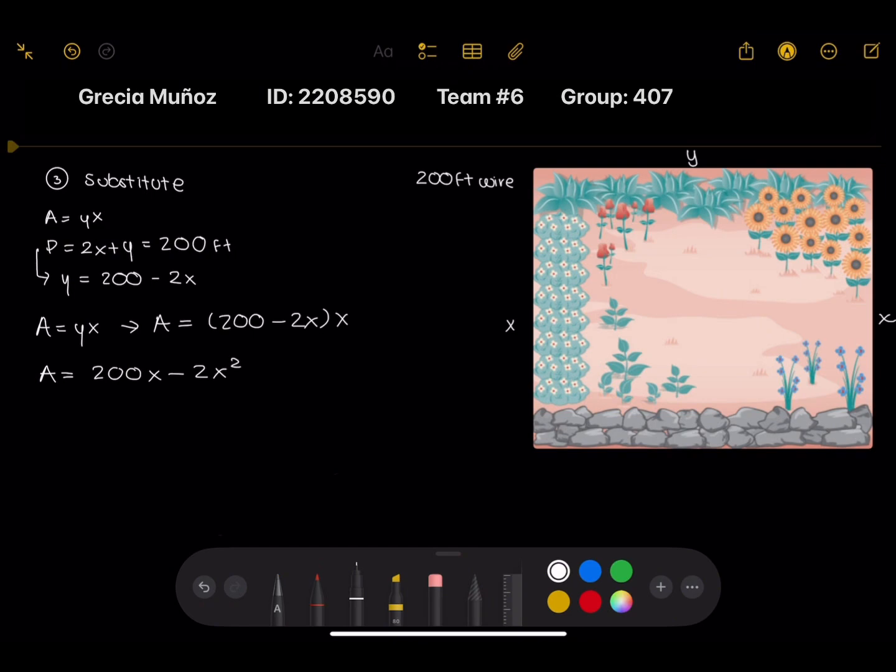Now we have the formula for the area of this problem, and we want to compare it with the function, so the area equals f of x, and that means f of x equals 200x minus 2x squared.